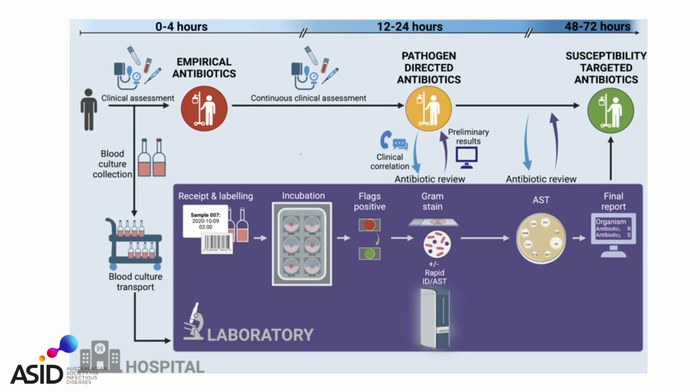There are many places where it can go wrong, can be delayed, but you can see that it takes quite some time for us to obtain a result where we can start thinking about directed therapy, and that we need to, through that timeline across the top there, continually think about what antibiotic we are using, and using the information that we have available that is going to change over those, sometimes even out to 5 or 6 days, to target our therapy.